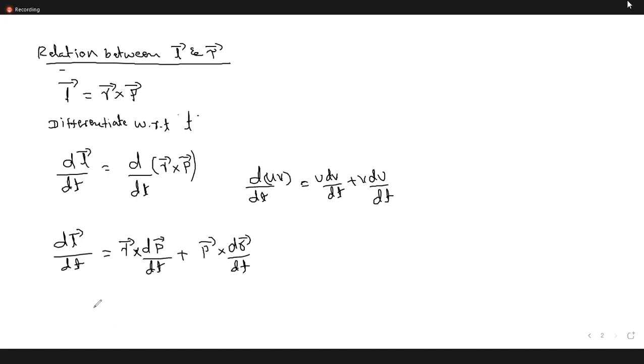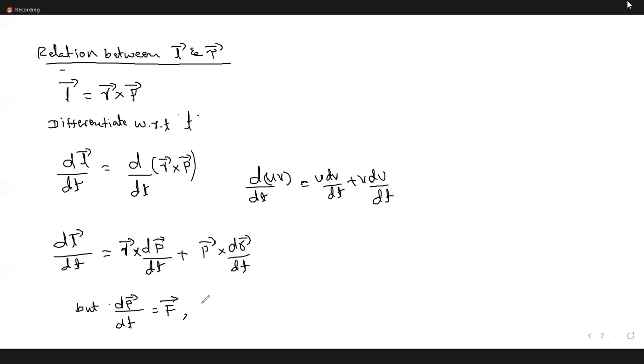But we know that dp by dt, the rate of change of linear momentum, is nothing but force. So dp by dt equals force.